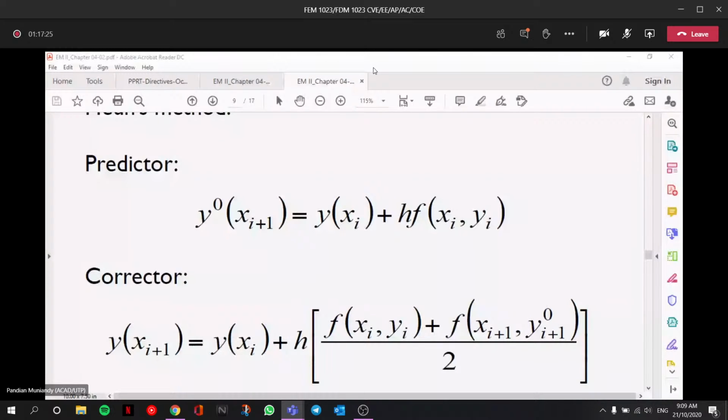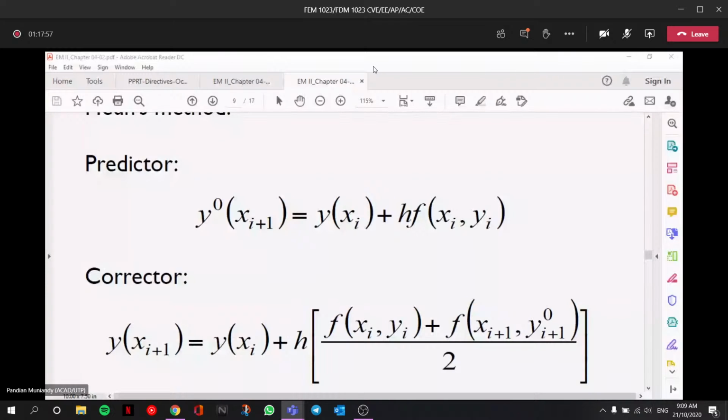now you calculate f of 1.1, 1.1, because x is 1.1, your y naught is 1.1. So f of 1.1, 1.1 is equals to x 1.1 multiplied by root of 1.1.